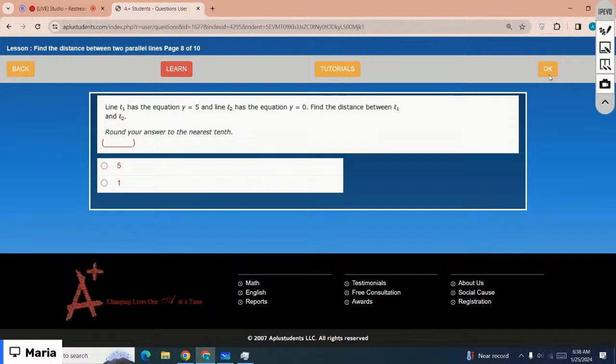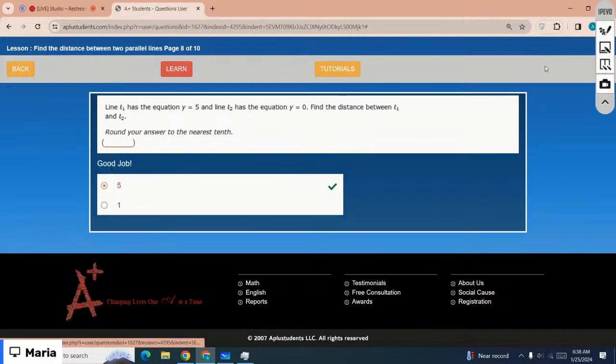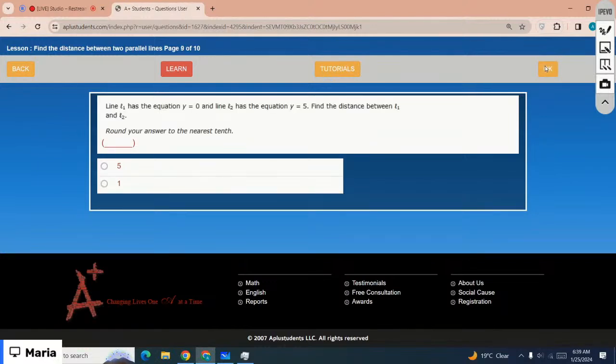Line L1 has the equation y equals 5 and line L2 has the equation y equals 0. Find the distance between L1 and L2. Yes, that is 5. The correct option is 5. Line L1 has the equation y equals 0 and line L2 has the equation y equals 5.